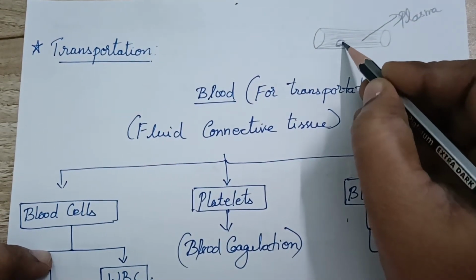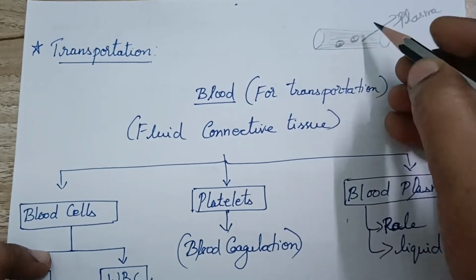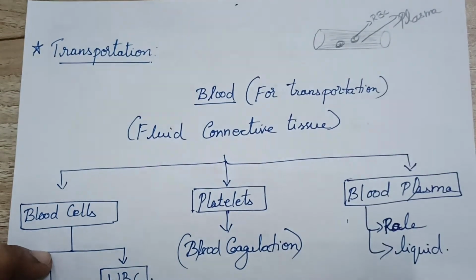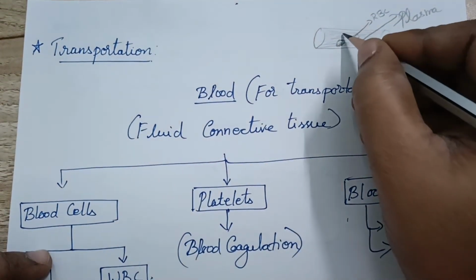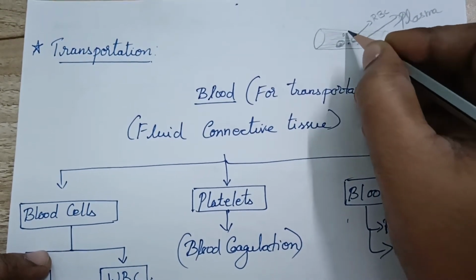You will have RBC, red blood corpuscles. This is your RBC. RBC is suspended in that. So next, what is suspended in that? Platelets. These are platelets.